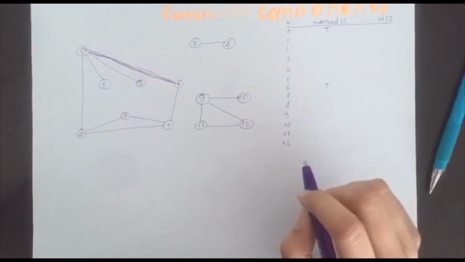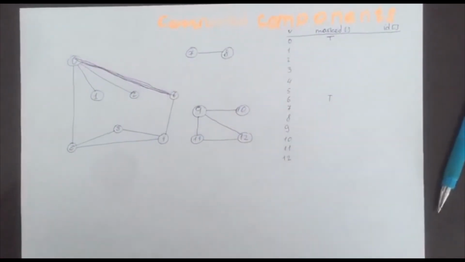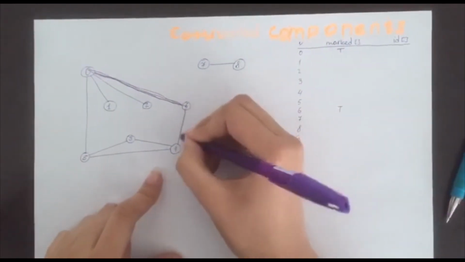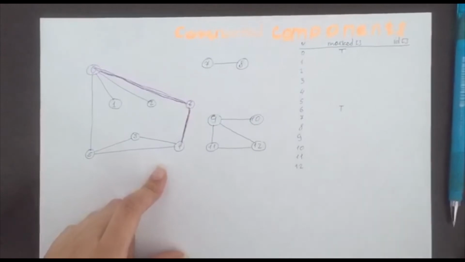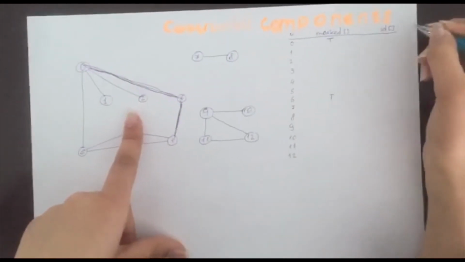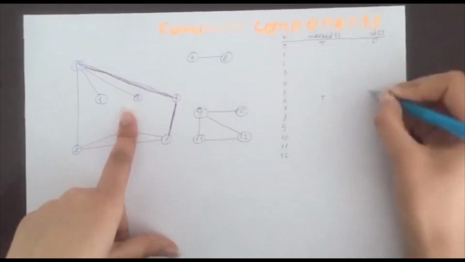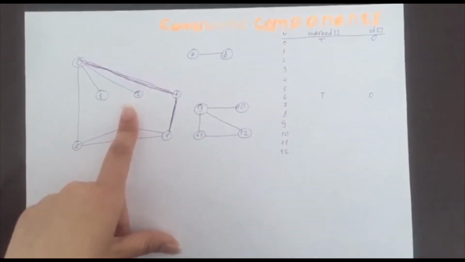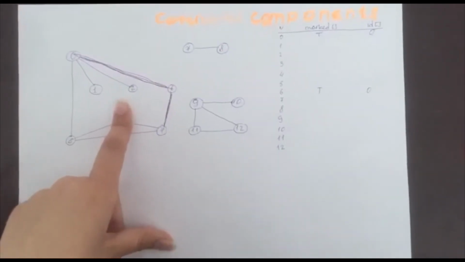And like in DFS, we will go through the graph. After that we'll go to 4. We need to write here 0, and here 0 is the count of connected components.